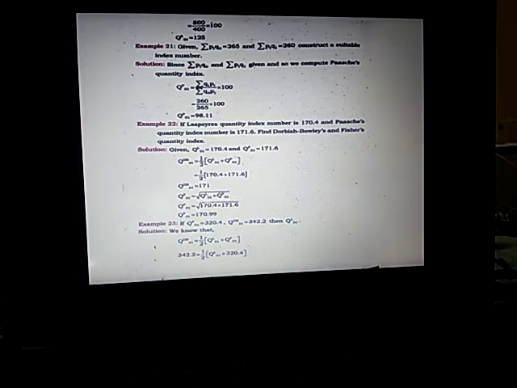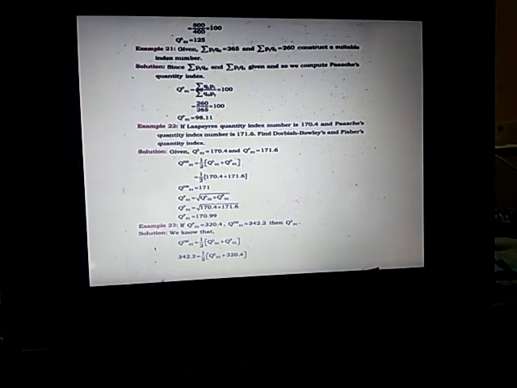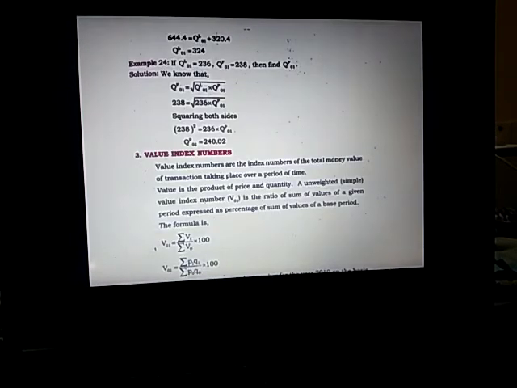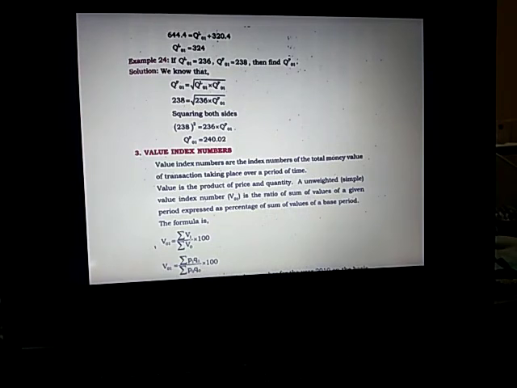We have the values for the Paasche's quantity index number as well as Dorbish-Bowley's. We substitute, and the unknown here is Laspeyres quantity index number. So that will be 644.4 equals Laspeyres quantity index number plus 320.4, which is nothing but 324. So Laspeyres quantity index number is 324.